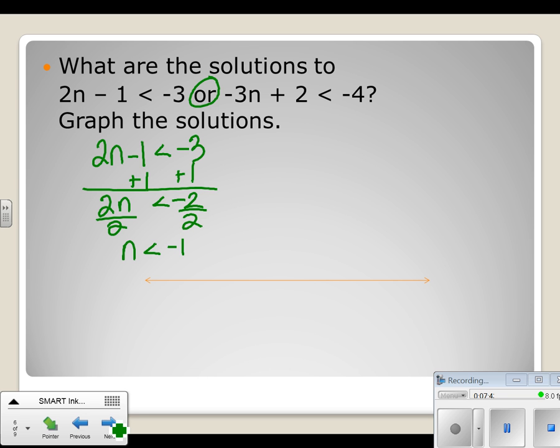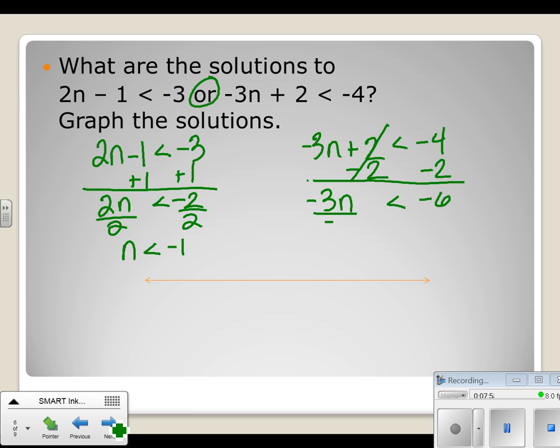But we also have negative 3n plus 2 is less than negative 4. We have to reverse the sign. So our answer here, n is less than negative 1 or n is greater than 2.